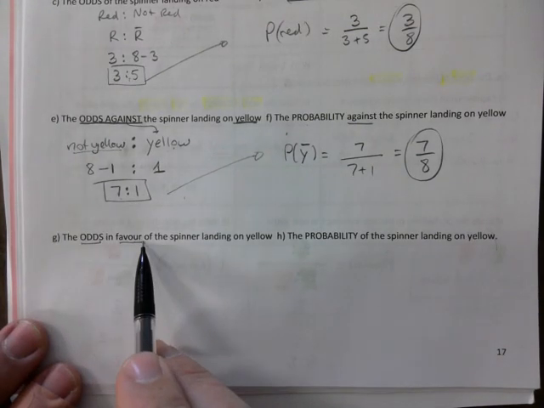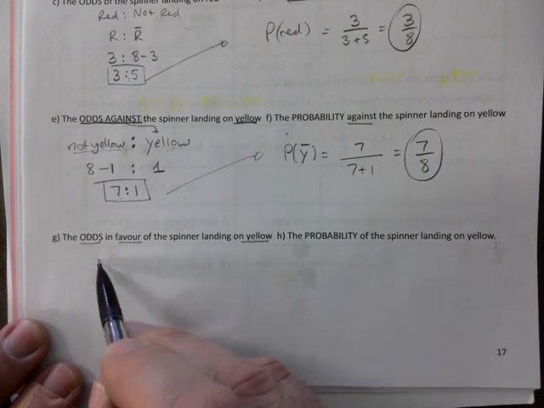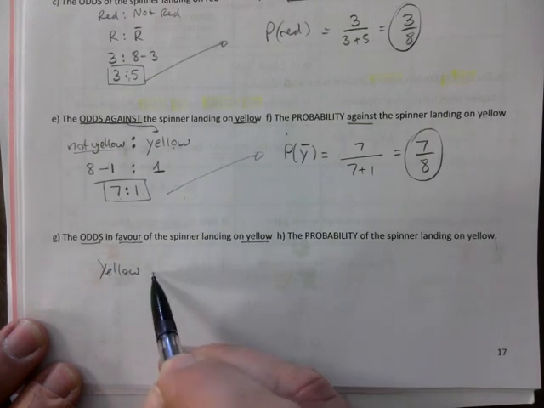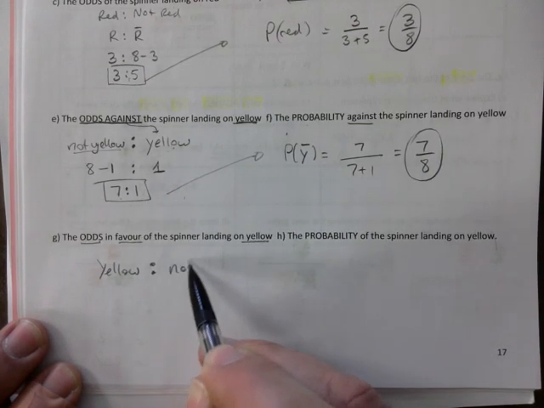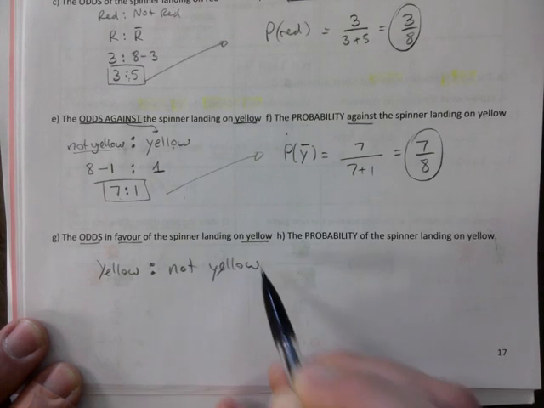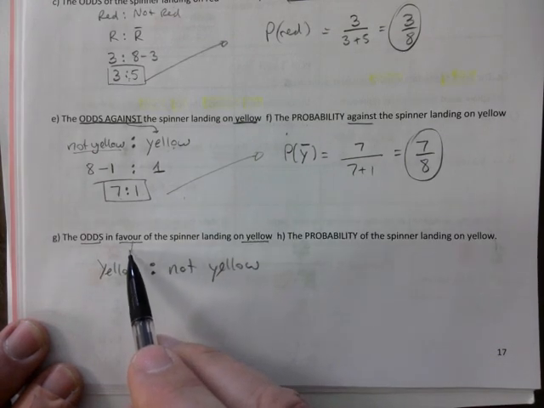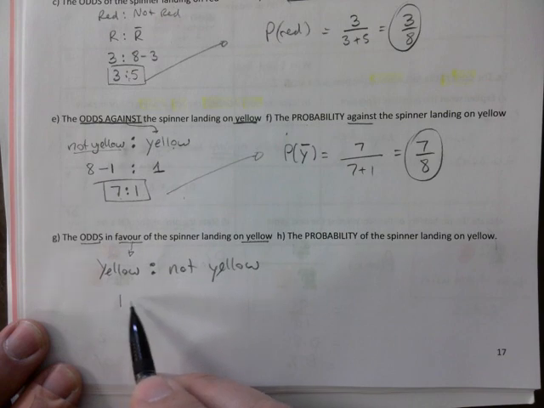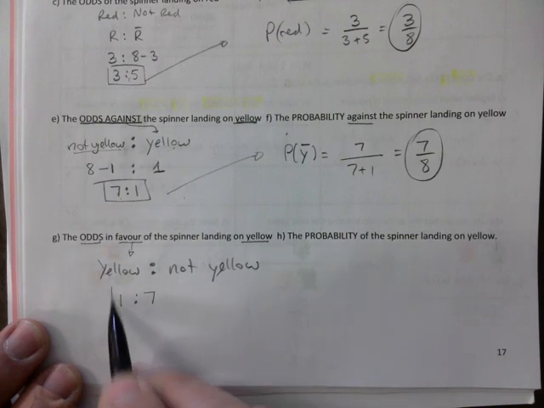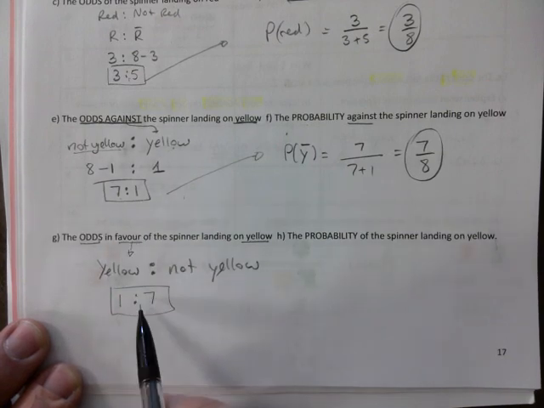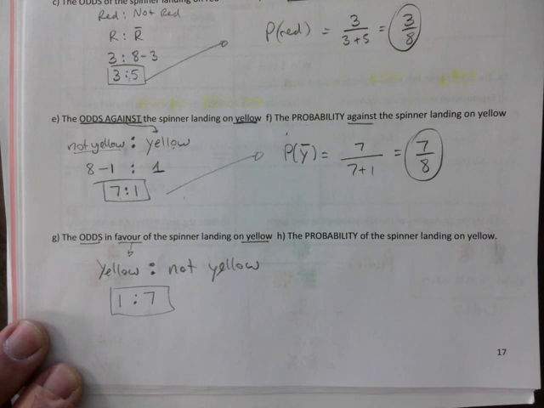The odds in favor of it landing on yellow. That means yellow, not yellow. And some of you are like, yeah, I get it already. You don't have to do more. 1 to 7 like this. I'm just going to basically flip this one because we're talking the same event, just in favor now.